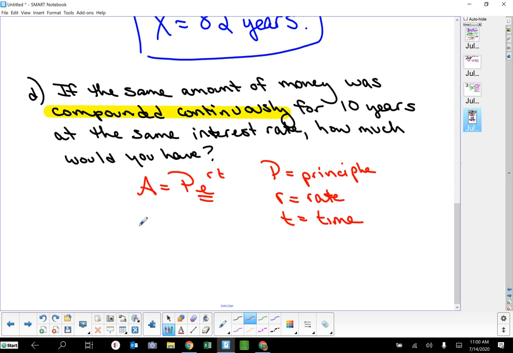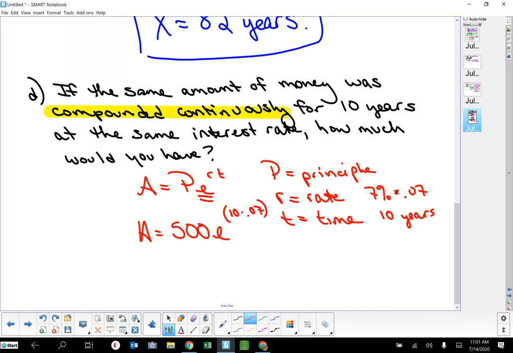And so if we started with our original $500 and we multiply by e to the r times t, well, our rate, if you recall, was 7%, which was 0.07. And our time, we're going to say 10 years. So we have 10 times 0.07. And you just plug that straight into a calculator.